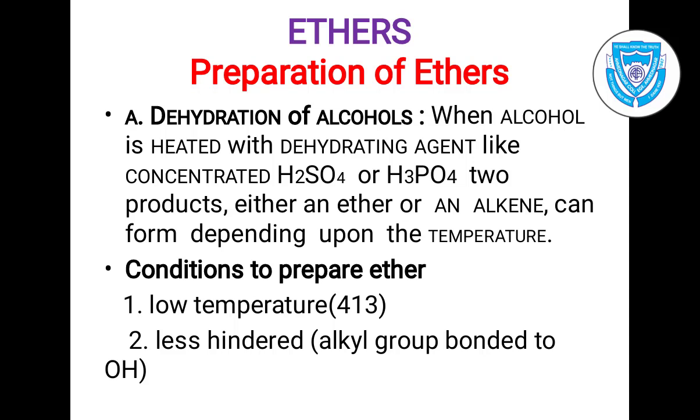Now in this case we require ether. So for the formation of ether, there are two important conditions: a low temperature of 413 Kelvin, and less hindrance of the alkyl group bonded to OH. How this is possible, we are going to see in the next slide.